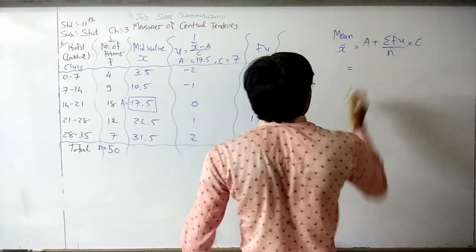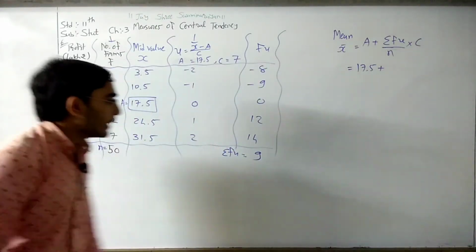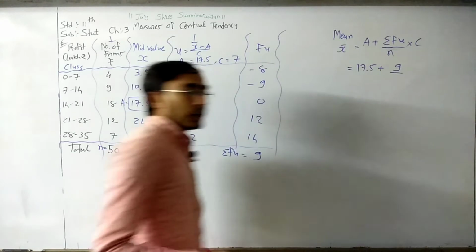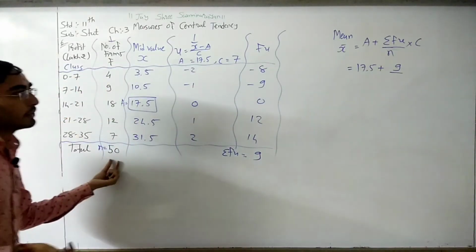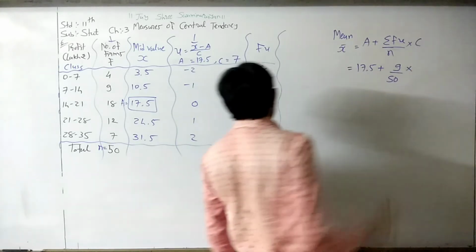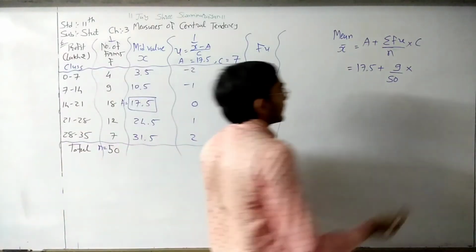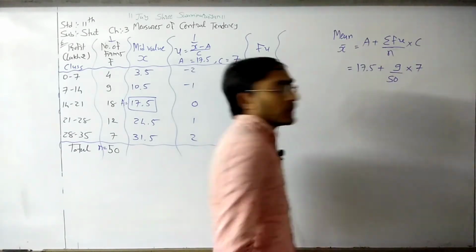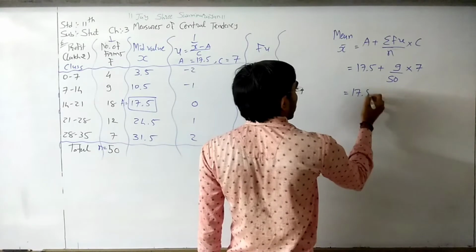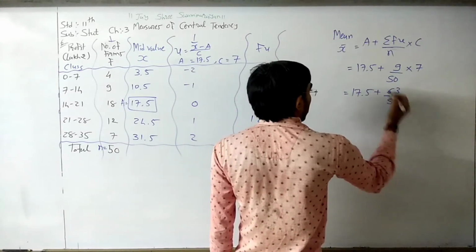So A is equal to 17.5 plus sigma FU 9 divided by N, that means total number of frequency 50, multiply C, it is 7. Okay, so here we have 17.5 plus 9 sevens are 63 divided by 50.